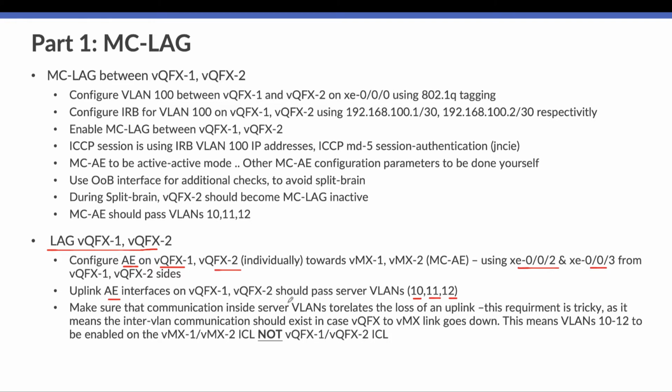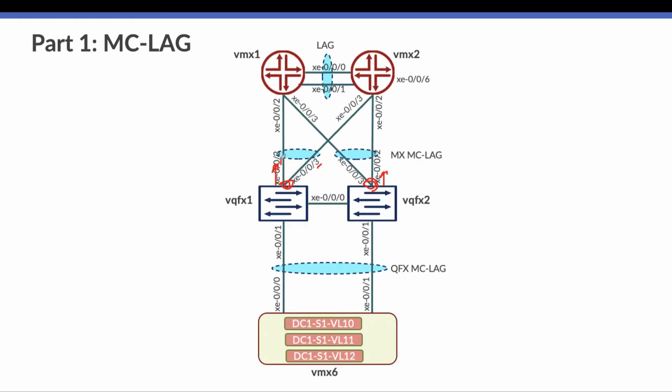Make sure that communication inside server VLANs survives the loss of an uplink. So he's saying here, in case one of the uplinks between QFX1 or QFX2 and the MX goes down, the server to server communication should remain up.